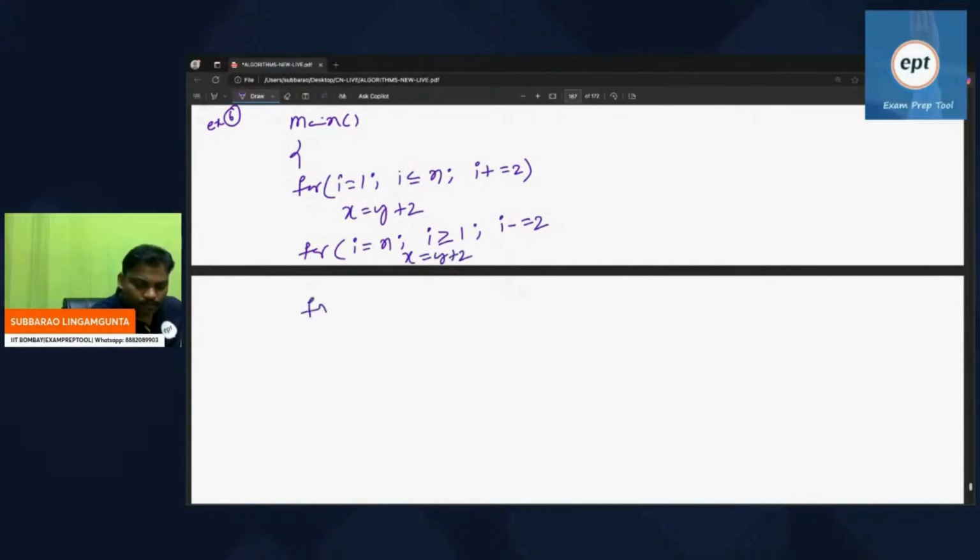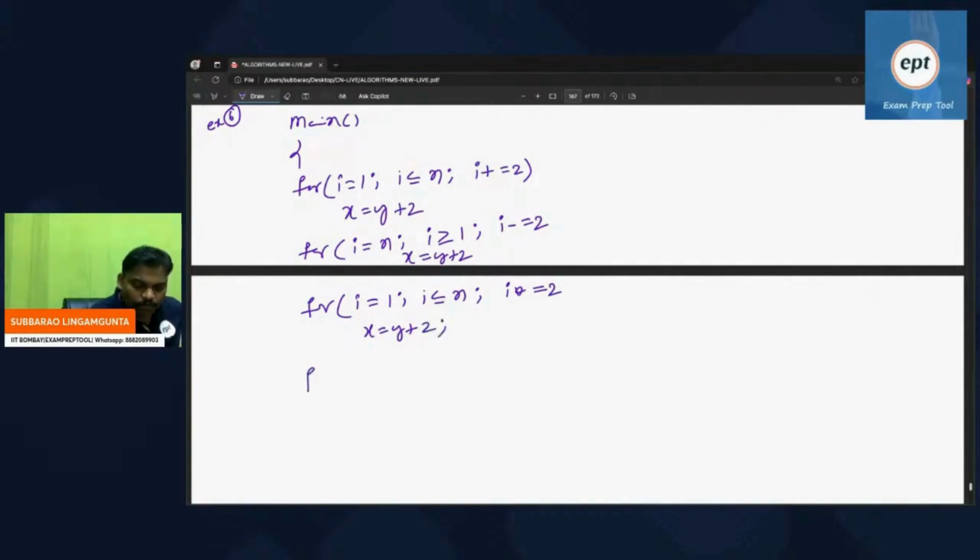For i equal to 1, i less than or equal to n, see this one, everyone: i into 2. Here i equal to i into 2, x equal to y plus z.